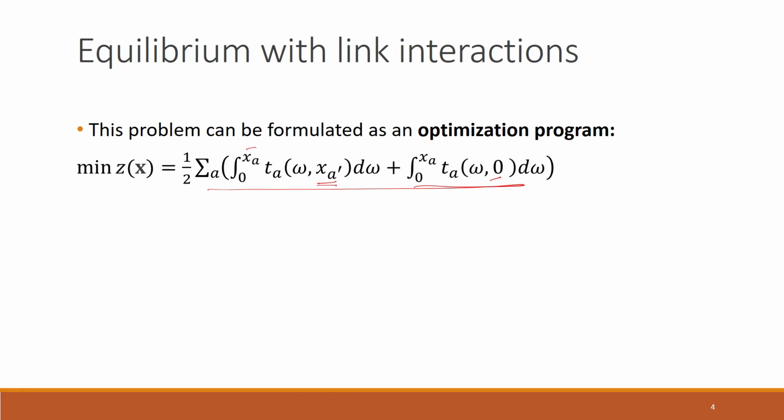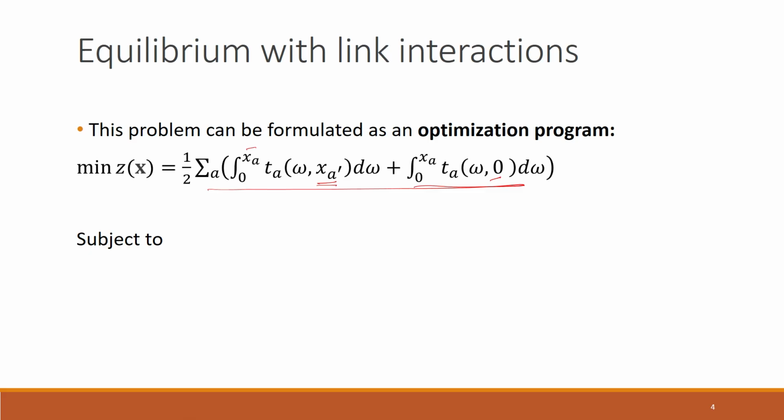So, the same is the case here. Why are we writing this objective function in this way? When we write it in this way, then the first order conditions that we develop for this optimization problem will become equivalent to the user equilibrium conditions in this case when we have link interactions, okay.